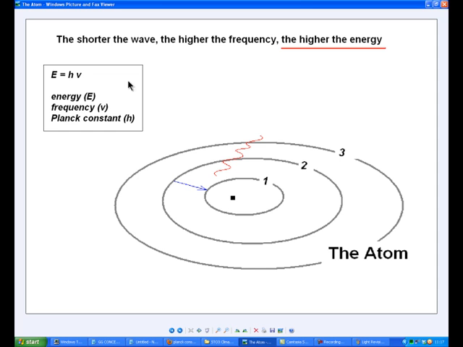So up here we have the formula which we can use to calculate the energy of a photon from its frequency. The energy equals Planck's constant, which is a number we can just take off the internet or out of a physics book, multiplied by the frequency. So let's go back to our example and have a go at doing that.